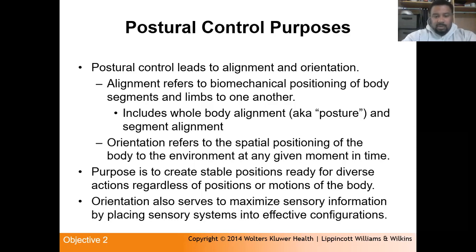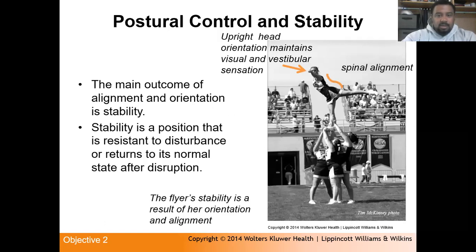This is a good example. Like I was just saying, the main outcome of alignment and orientation is stability. This is a perfect example of how posture control and stability is maximized in a sport like cheerleading, where your body needs supreme balance, especially if you're a flyer being thrown in the air constantly and asked to balance yourself on just one leg with other people under you, and how much body control that takes.